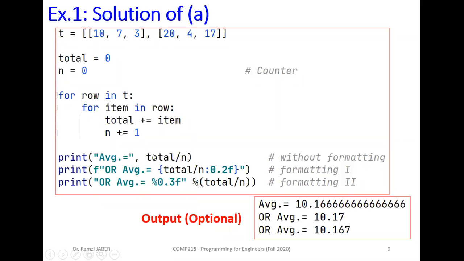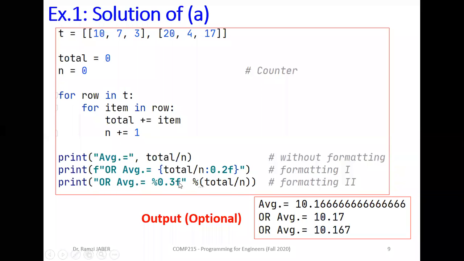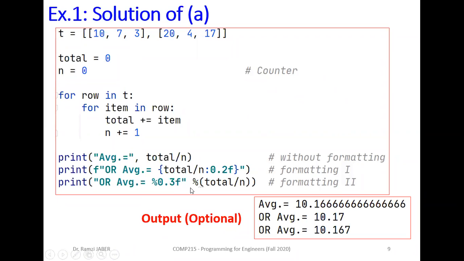The initial one: F between quotation, and put your variable between the braces. Or between quotation put percent 0.3f like C or Java or C++, but the difference is there is no comma here, only percentage, and between parentheses your variable. So we get 3 different models.